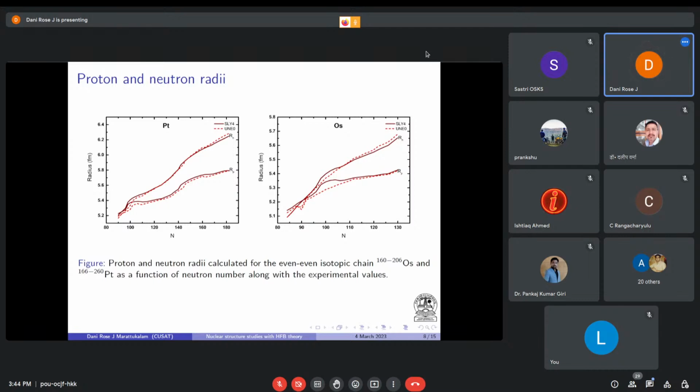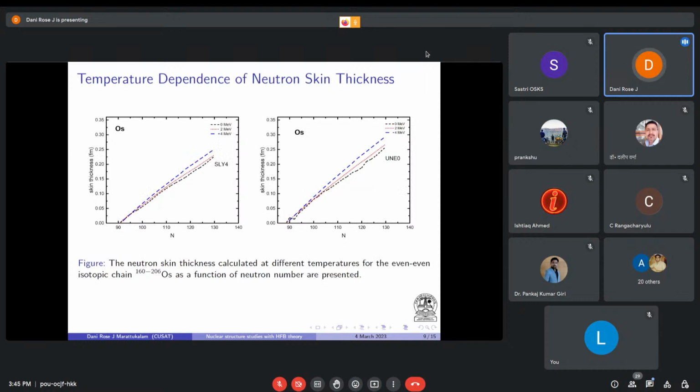And so studying the neutron skin thickness is of importance. Here we have studied the temperature dependence of the neutron skin thickness for these isotopes. As the temperature is increased, we see a clear increase in the neutron skin thickness of the nuclei.